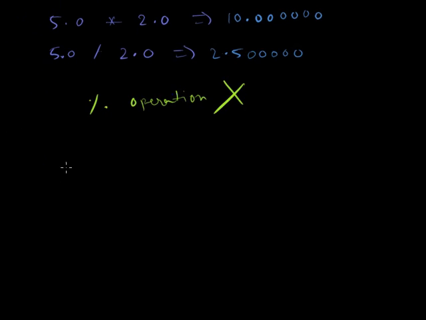So if an int is operated upon an integer, you will always get an integer. If the case is with floats, when you operate upon two floats, the result is always a float.